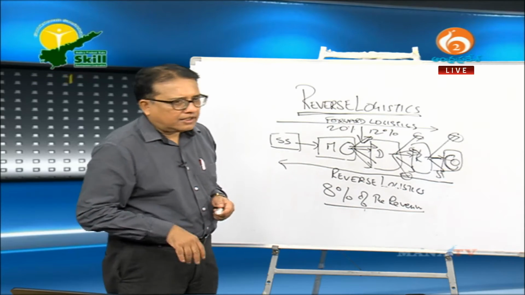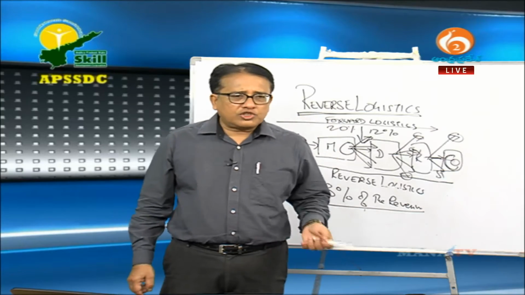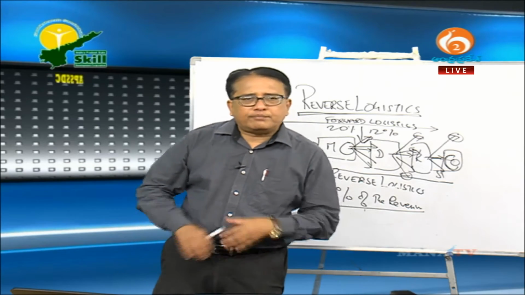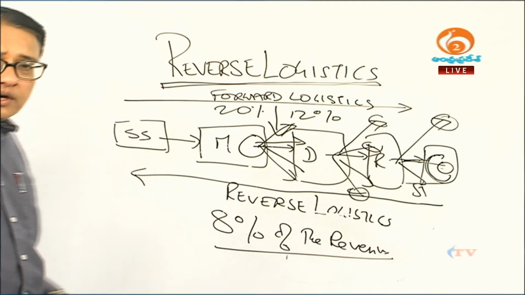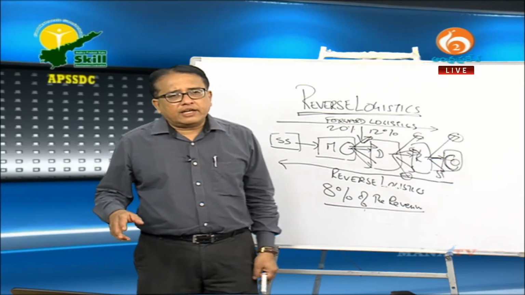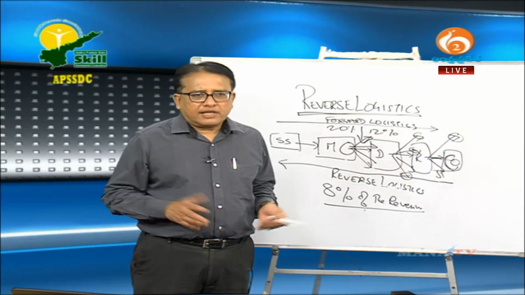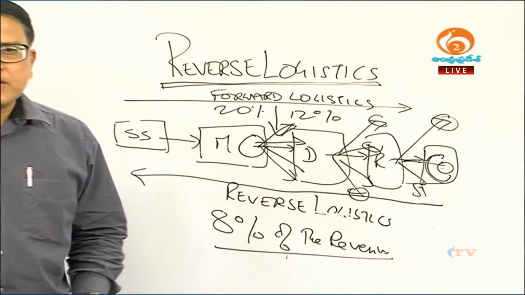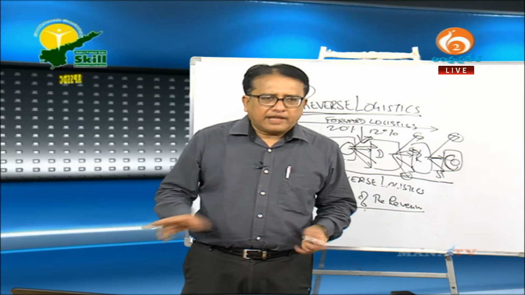Correct? When the shipment is moved, we spoke of television, we spoke of washing machines, we spoke of fans, it could be a cell phone, it can be whatever it may be. When the product moves from the manufacturer to the customer, the quality of all the 100 sets is uniform, they are the same. But during reverse logistics, the different items that are sent are not in the same shape, size, quality, they are in different forms.